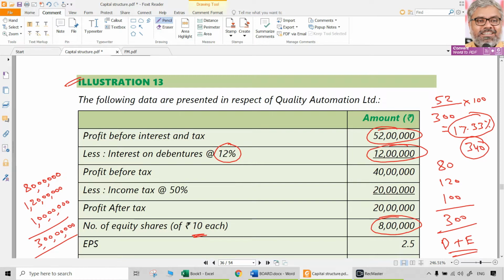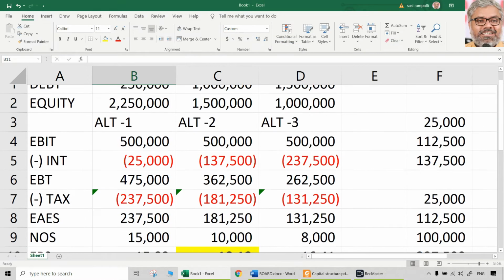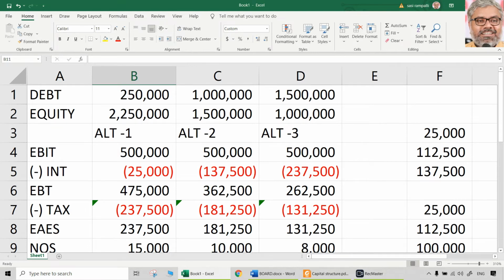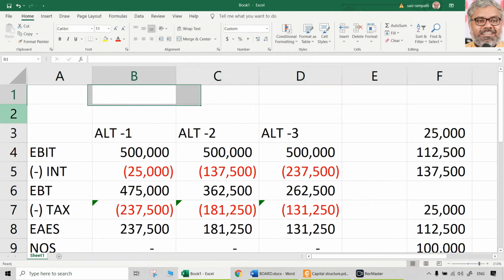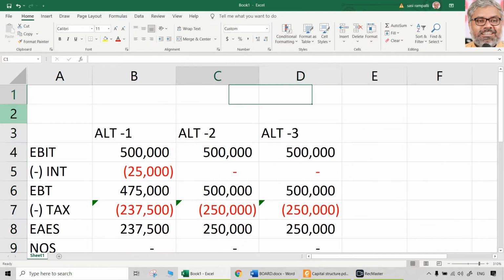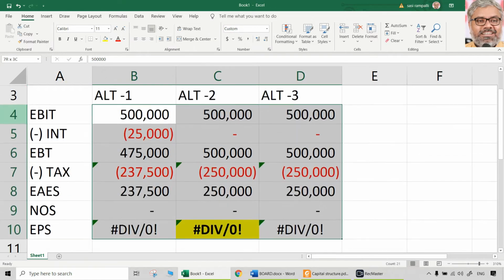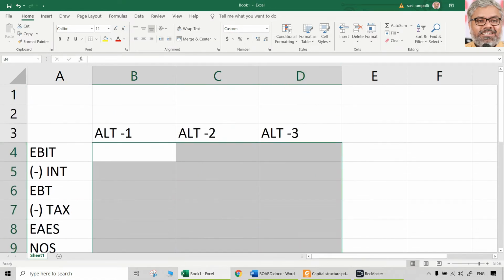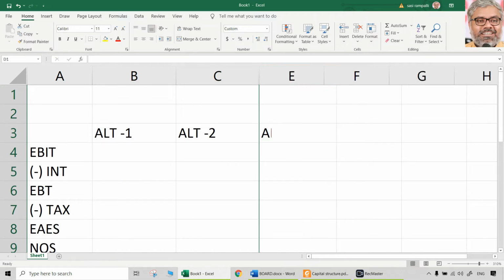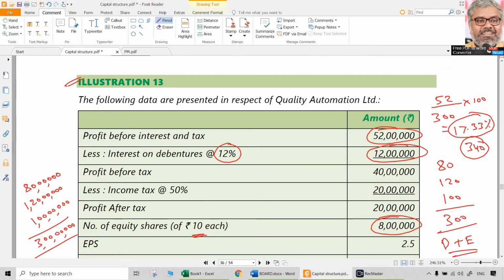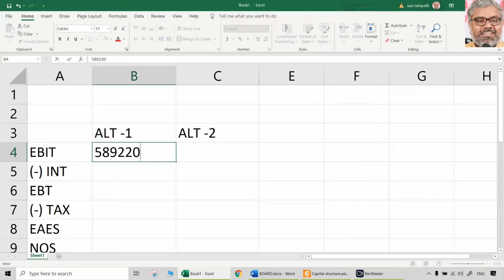So on 340 lakhs multiplied with 17.33%, that comes to, first of all, in this case there are only two alternatives. How much EBIT will be there? 58,92,200.